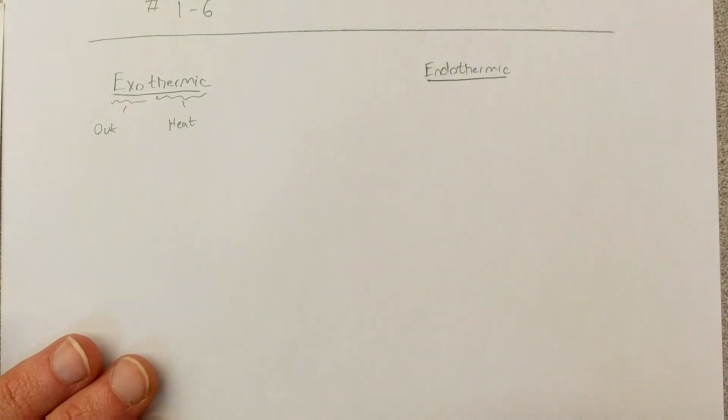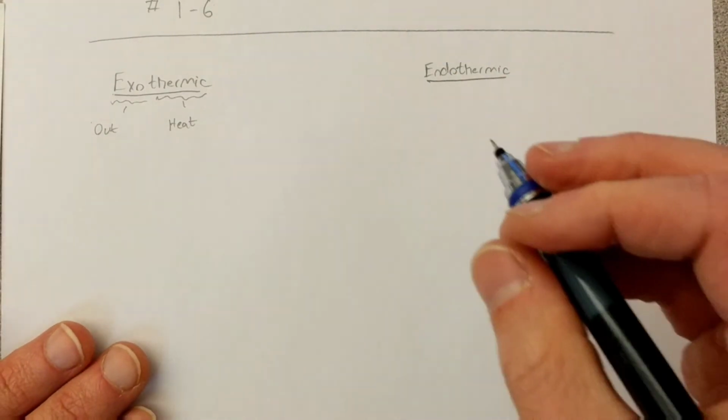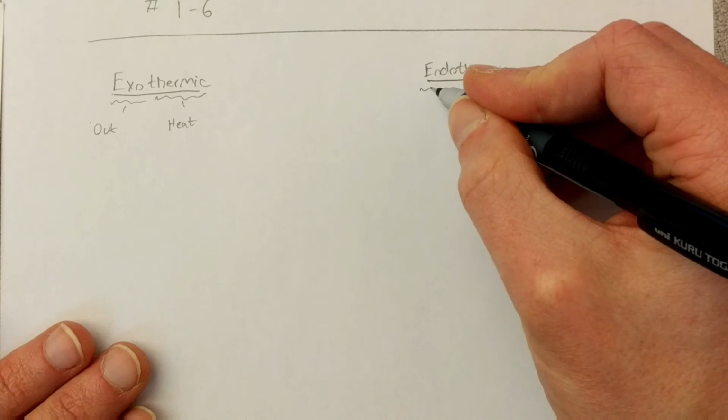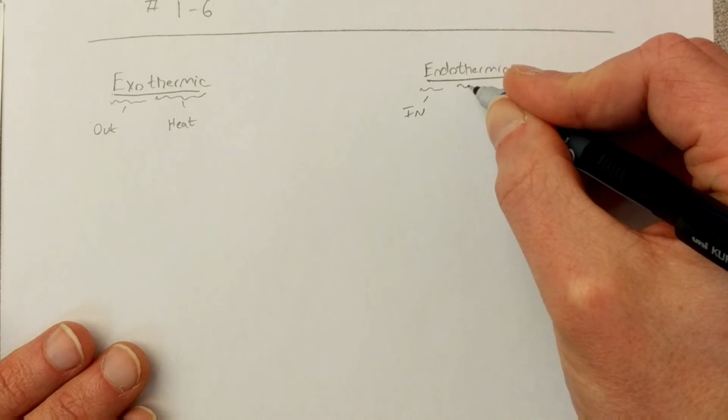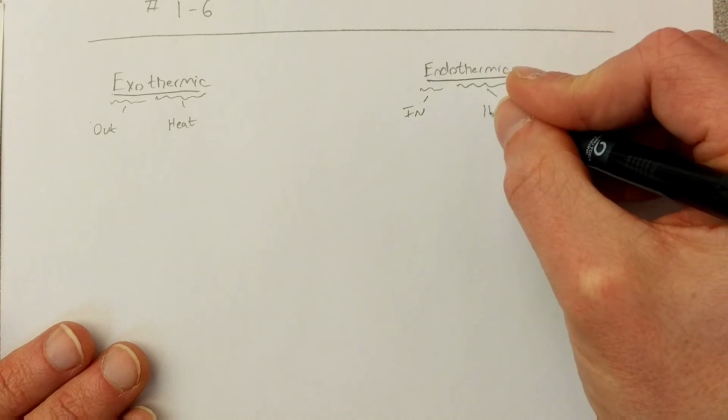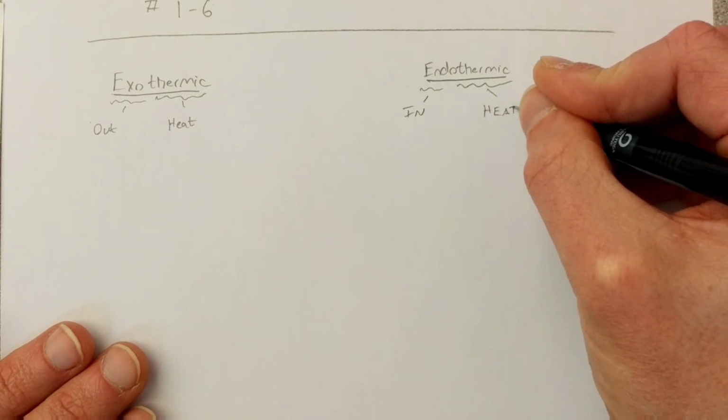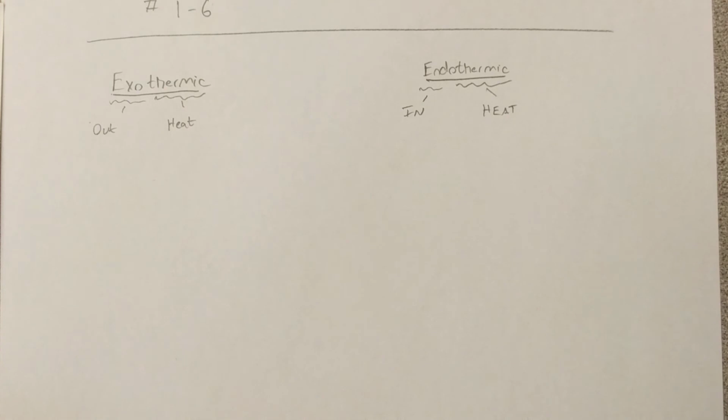So this reaction releases energy, many times in the form of heat. Endo means in, thermic means heat. So this chemical reaction is going to absorb energy, many times in the form of heat.